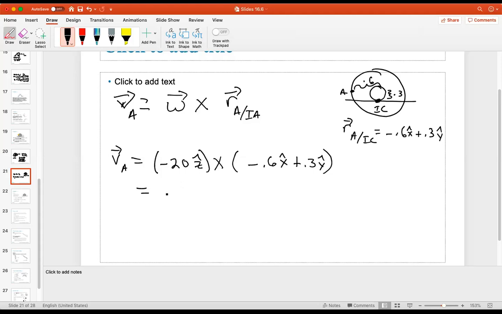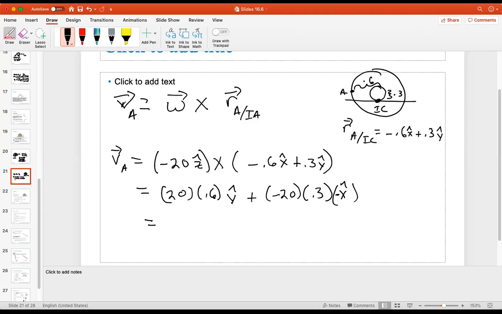And just working those out, I'm going to get 20 times 0.6, and then I have z hat cross x hat, that's going to be y hat, and then I'll have minus 20 times 0.3, z hat cross y hat, which is negative x hat. Sorry, there's a minus sign there. Minus signs are killer here.